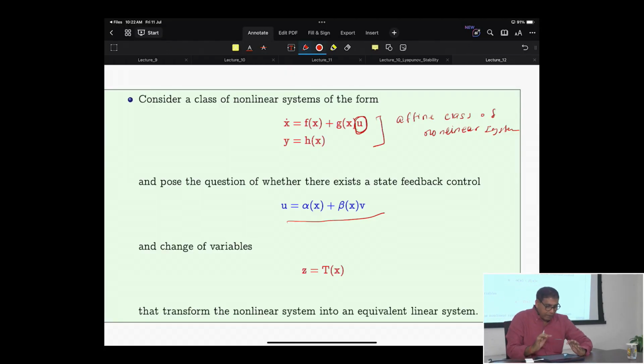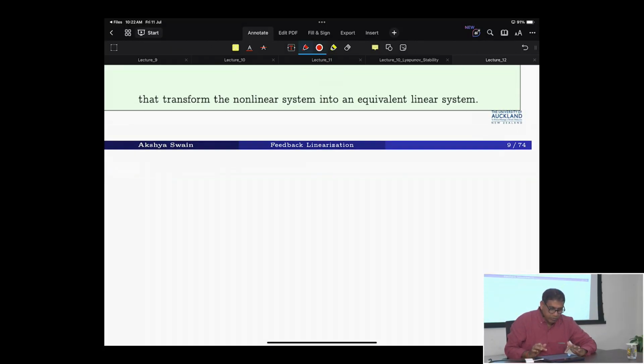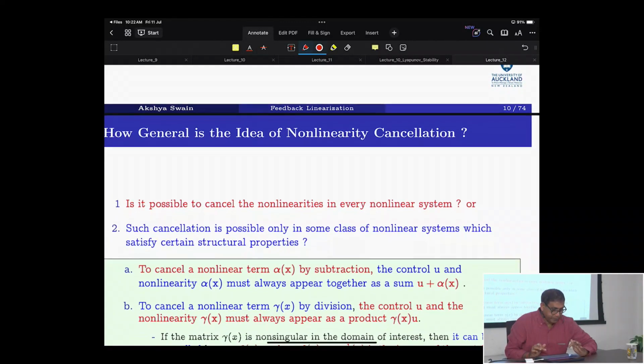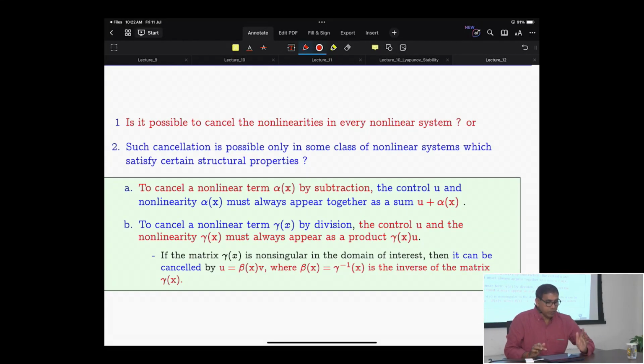Change of variables will come later on, just a minute. Is it possible to cancel the nonlinearities in every nonlinear system? Is a feedback linearizing controller possible for all systems, or is such cancellation possible only in some class of nonlinear systems which satisfy a certain structural property?